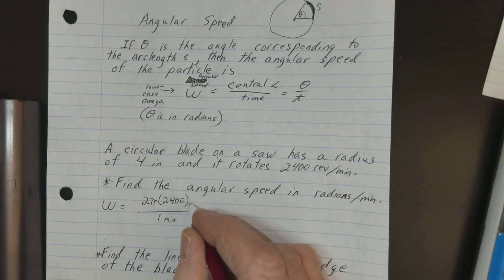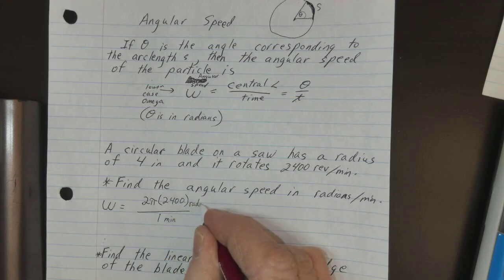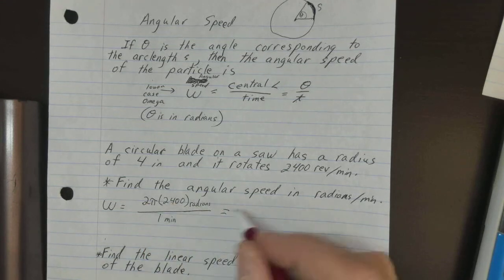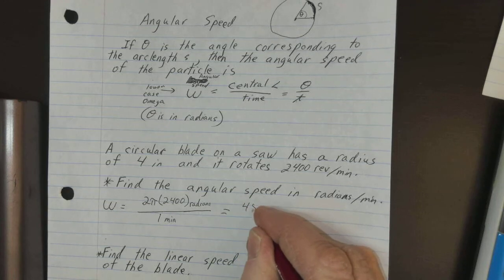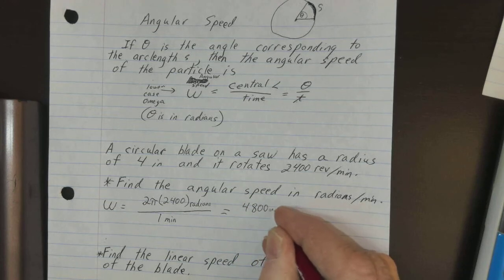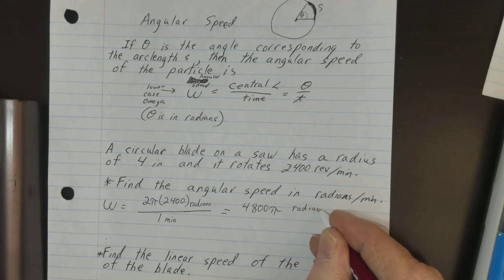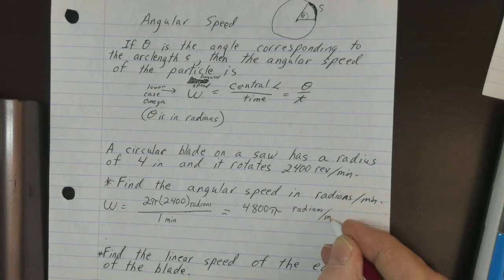So this is in radians, which is 2 times 2,400, which is 4,800 pi. And I'm going to leave it like this, radians per minute.